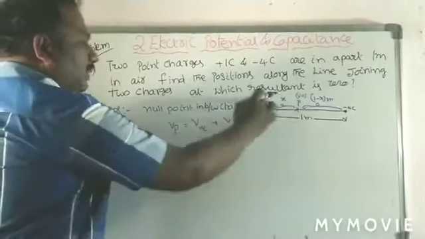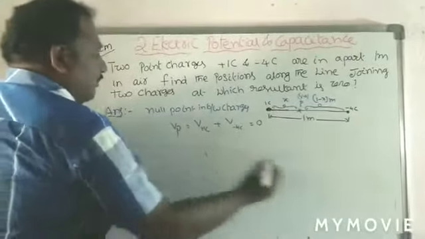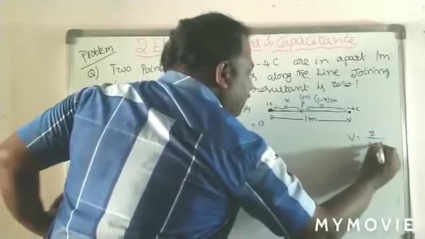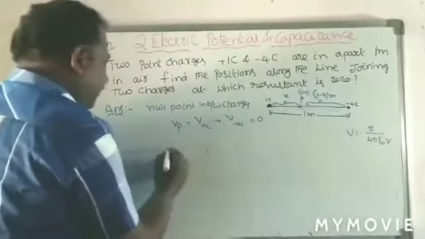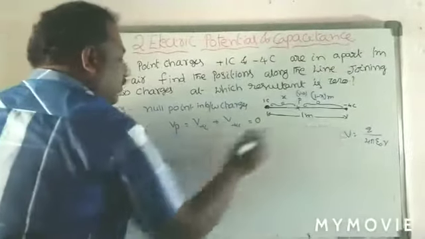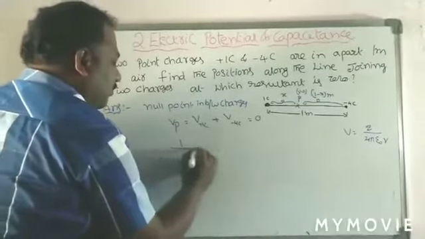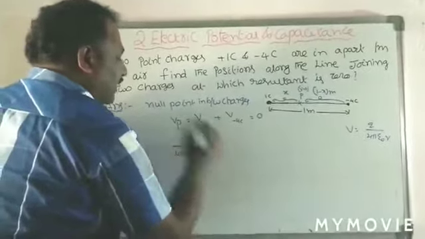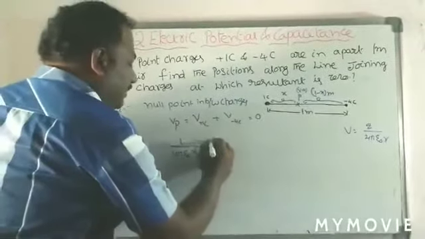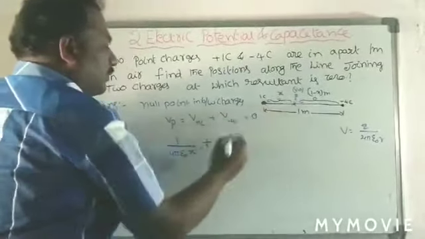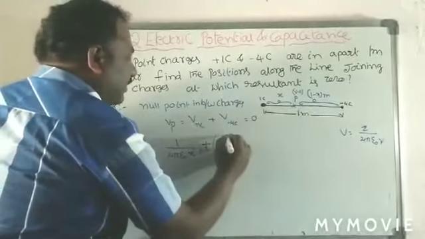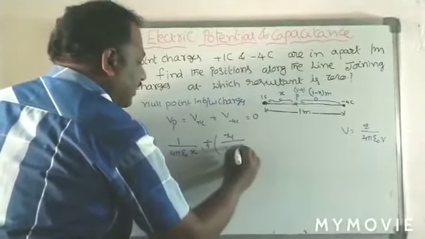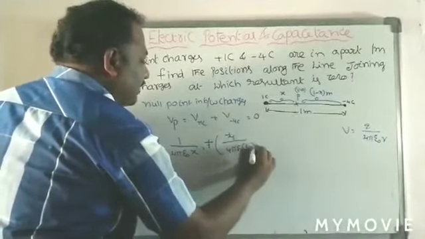Potential due to 1 coulomb: we know the formula where potential V is equal to Q by 4 pi epsilon naught into R. From that, the potential due to 1 coulomb is 1 by 4 pi epsilon naught into x, plus the potential due to minus 4 coulomb, that is minus 4 by 4 pi epsilon naught into 1 minus x.